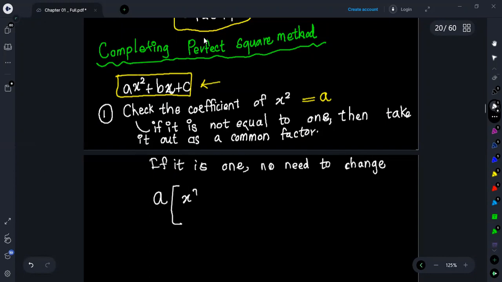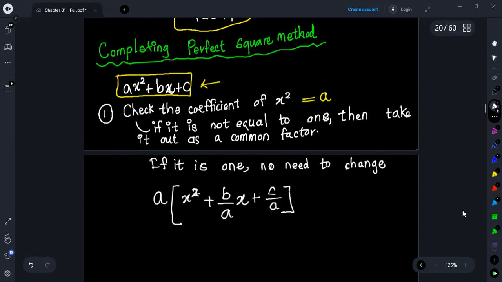From b, if we take a out, the remaining is b over a, x, because if we multiply by a, we have to divide by a. And from c, taking a out, the remaining is c over a.